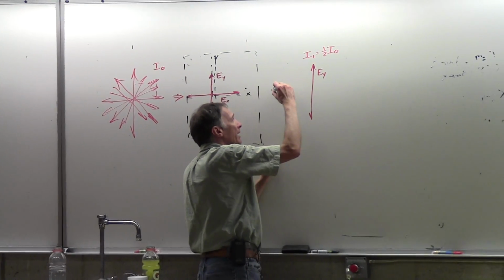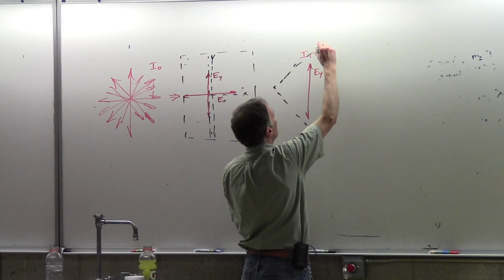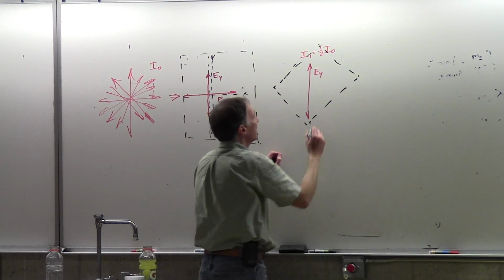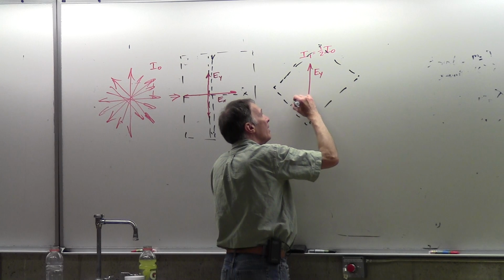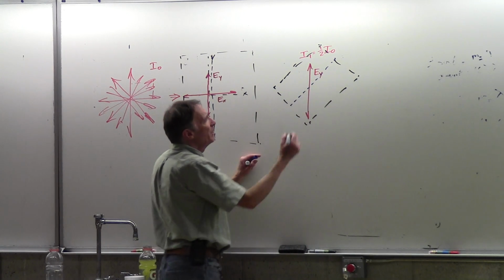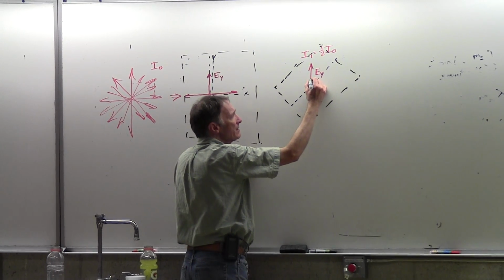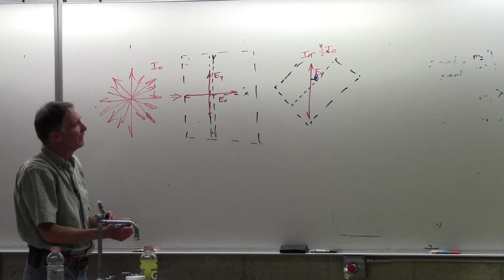Let's say I put the filter on at an angle like this and have a polar axis that looks like that. There's going to be an angle between that axis and E. We'll just say there's going to be an angle theta there.